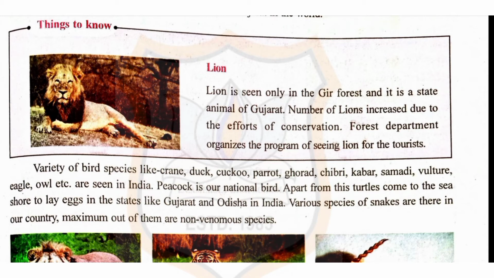Apart from this, turtles come to the seashore to lay eggs in the states like Gujarat and Odisha in India. Various species of snakes are there in our country. Maximum out of them are non-venomous species.